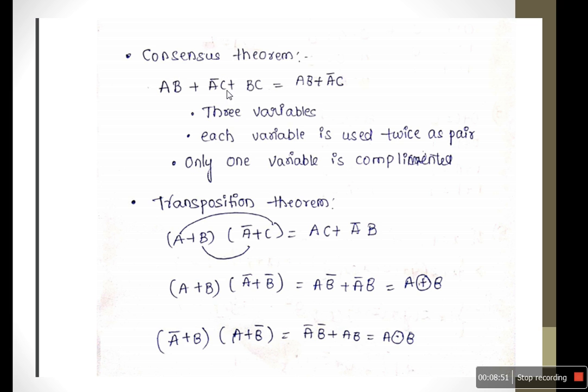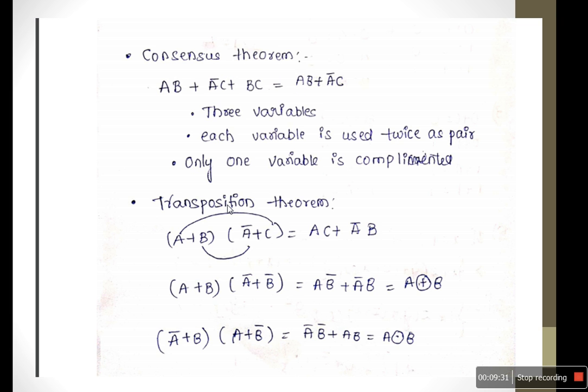That's why AB + A bar C. For example, if you have AB + B bar C + CA, the output will be B bar C + AB. Here A is the actual term and the complemented term is in the pair, so the pair containing the actual term will come in the output. So this is the consensus theorem.